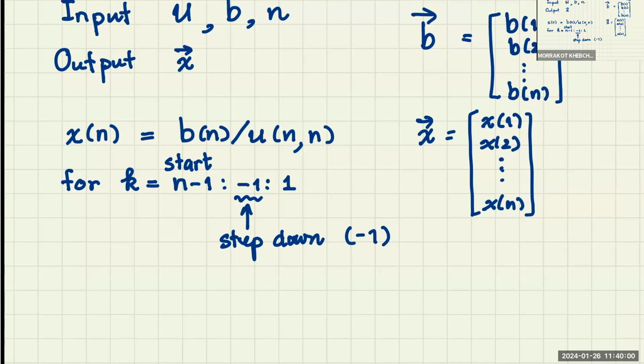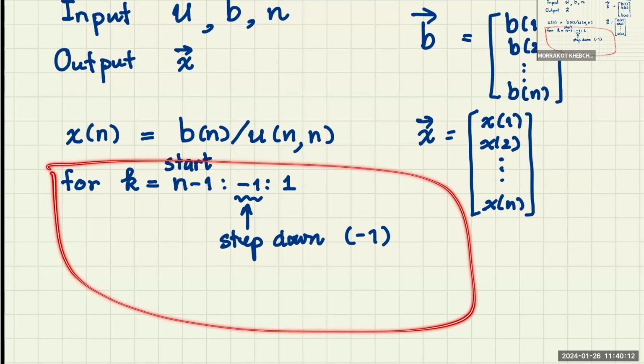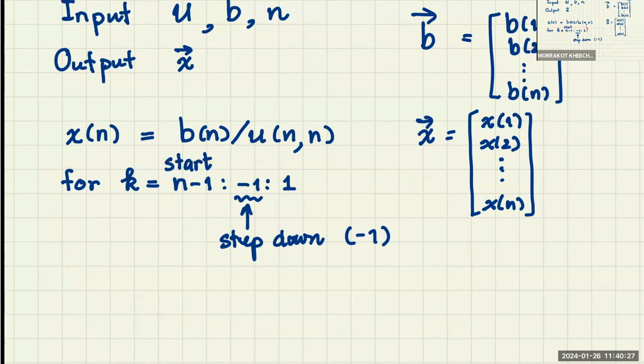Okay, you can think that you start, suppose n is 100, you get the last one, which is x100 first. Then later on, you will use the algorithm I will write down there to calculate x99, x98, x97, and so on up until x1, okay?